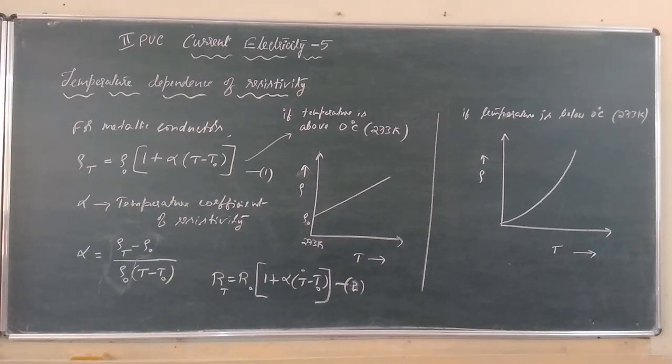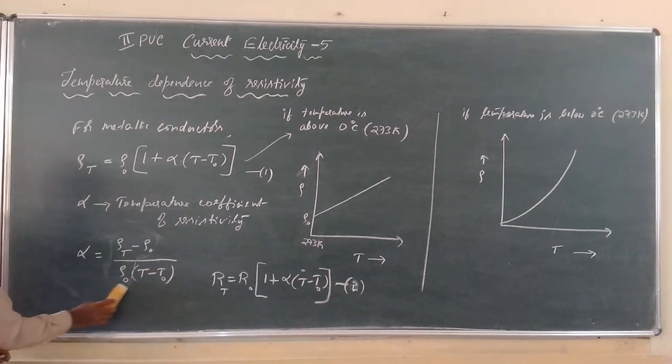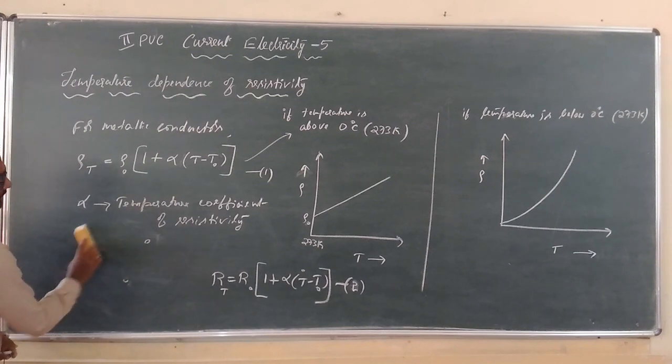There exist certain materials like constantan, nichrome, and manganese. They are alloys. They show very weak dependence on temperature, which means their resistivity is not much dependent on temperature.